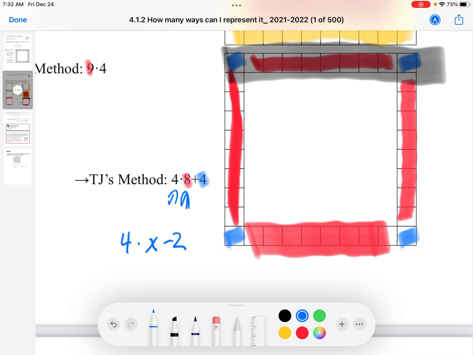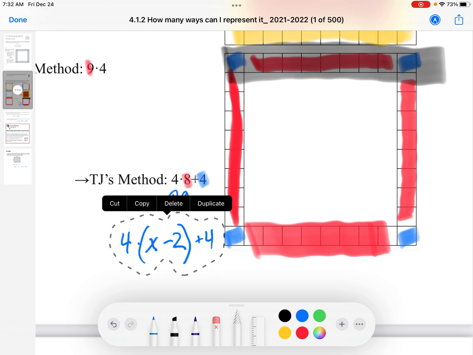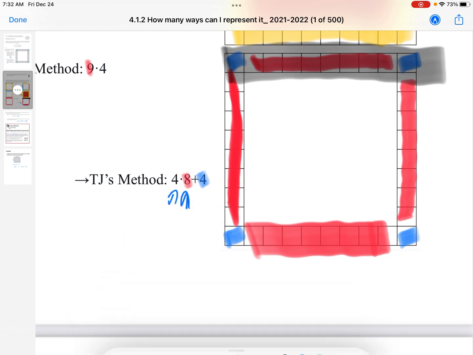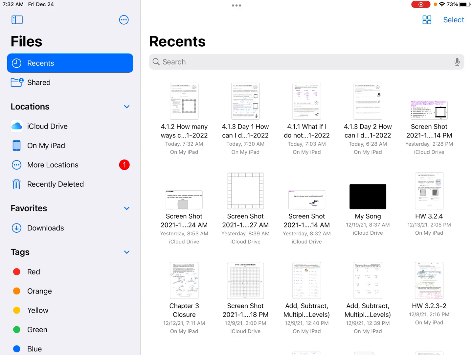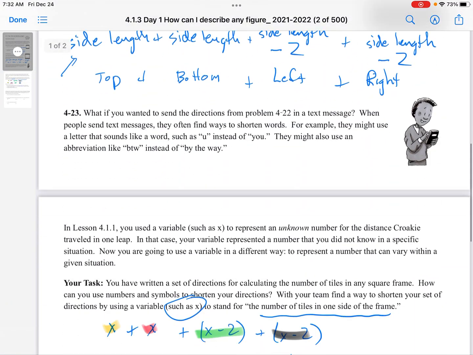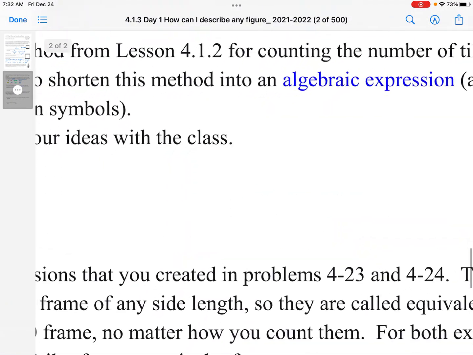So we have to use parentheses or grouping symbols because that has to be the side length. We take the side length, take away 2, and then multiply it by 4 for the 4 sides. And let's not forget about the 4 corners. That's a tricky problem. I'm going to cut that, and I'm going to put that over here in 4.13. We did all our hard work.